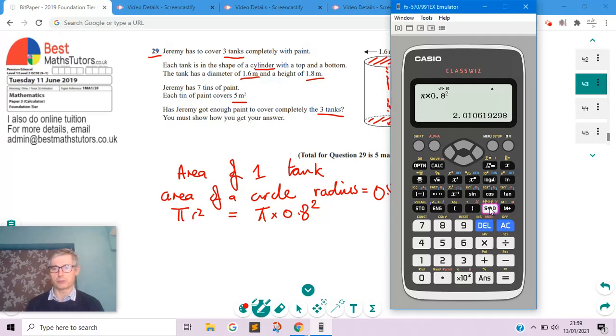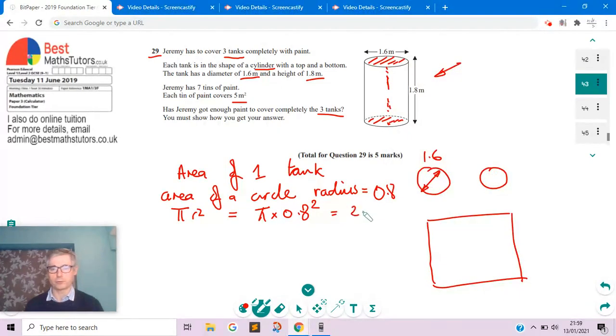If I press the SD button, it gives it as a decimal. So I'm going to write that to 4 decimal places for now. So that's 2.0106. So it equals 2.0106. And because it's measured in meters and we're looking for an area, that's going to be meters squared.